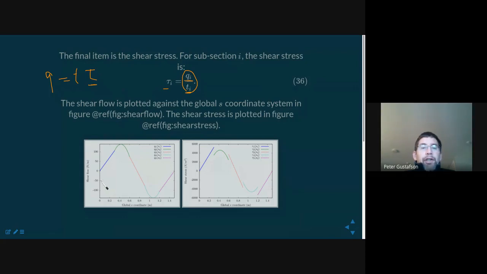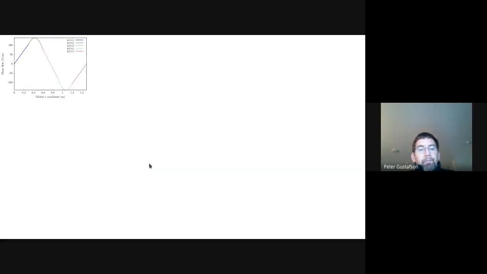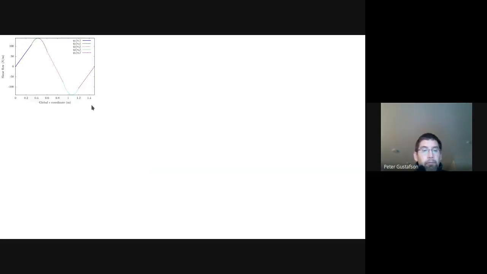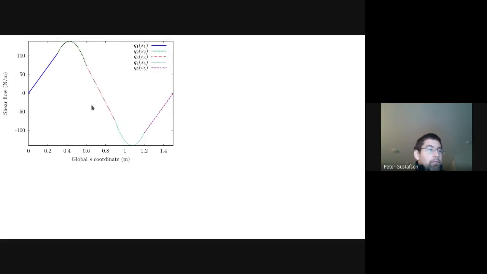We can plot shear flow and shear stress, which I've done. Now I want to spend a little bit of time staring at these. First, let's look at the shear flow calculation. This plot is a plot of shear flow for each segment.